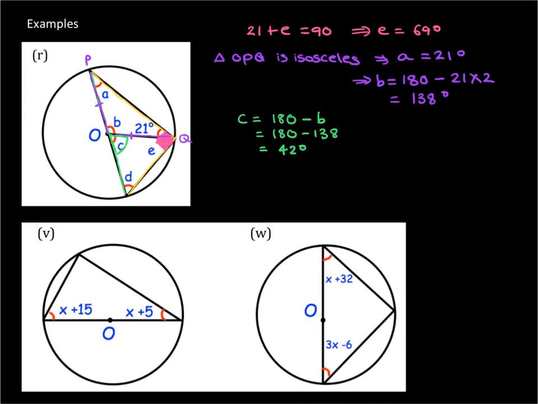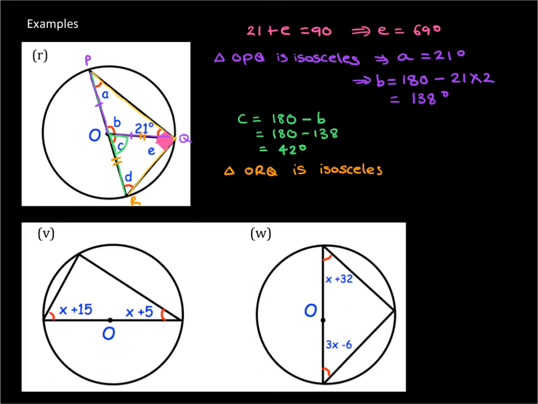Now, to finish off, there are multiple ways in which we could work out angle D. We know angle C and we know angle E, so it would be quite easy to do a calculation. But this is a radius, and this is a radius. So we know that triangle, and I'll put a point here, we'll call it R, ORQ is an isosceles triangle.